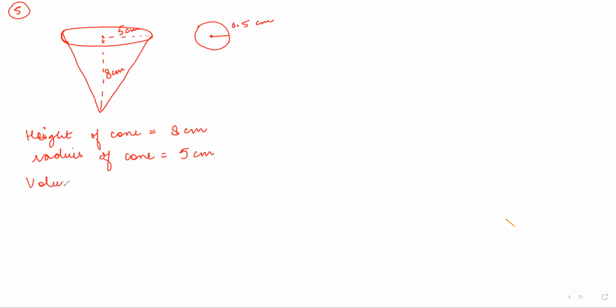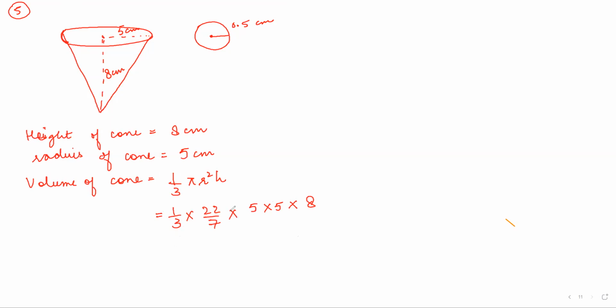So volume of cone, the formula is 1/3 pi r square h, right? So 1/3 into pi, you can take 22/7. Radius, that means 5 square, so 5 into 5, and height is 8. So we cannot cancel out anything.